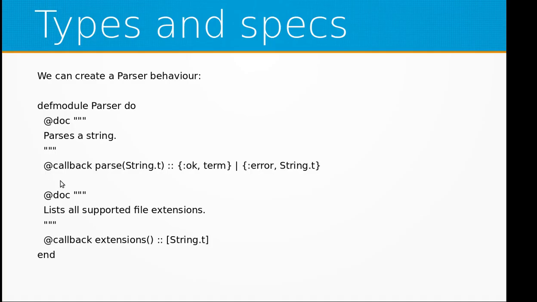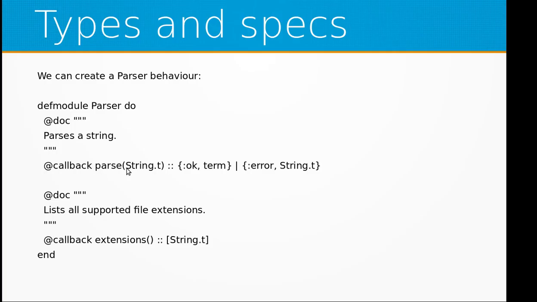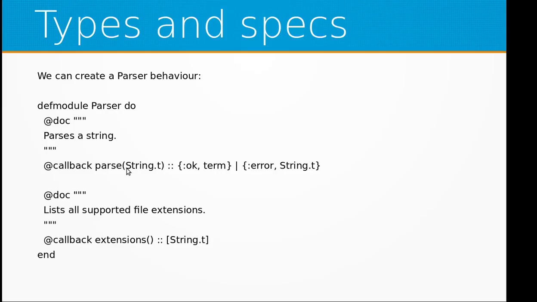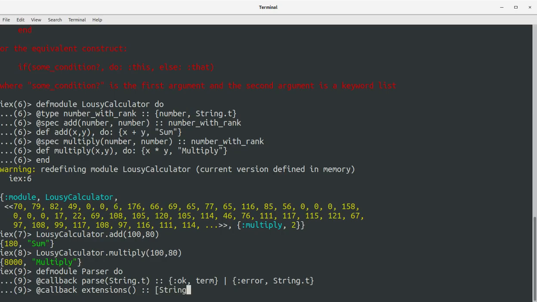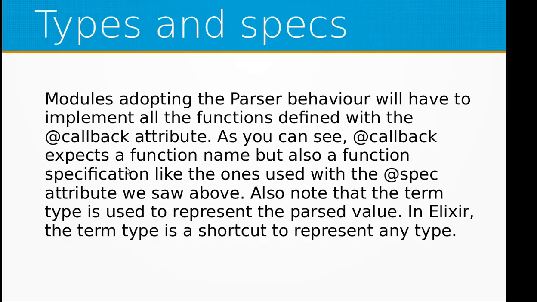Then we have the documentation again. We don't need this. Just jump to the extensions function. Extensions, no parameters received, resolution operator, list of String.t, and that's it. We have defined a parser module.